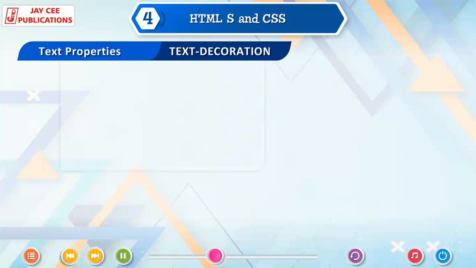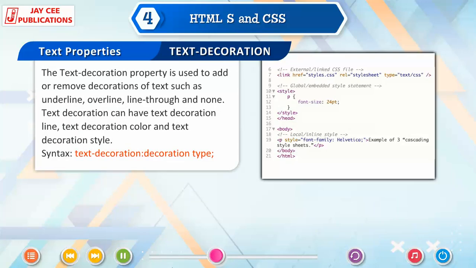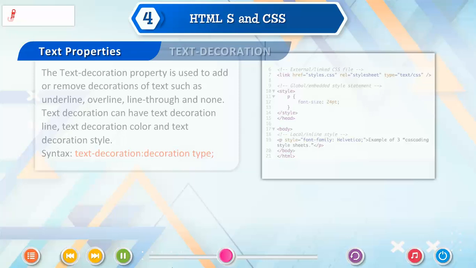Text decoration. The text decoration property is used to add or remove decorations of text such as underline, overline, line through, and none. Text decoration can have text decoration line, text decoration color, and text decoration style. Syntax: text-decoration, decoration type, semicolon.